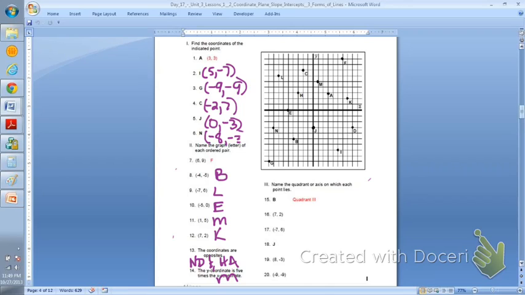Question number 16, the point 7, 2. So we would count to the right 7, 1, 2, 3, 4, 5, 6, 7, and up 2. So it's actually right over here by point K. Which quadrant is that in? It's in quadrant 1.